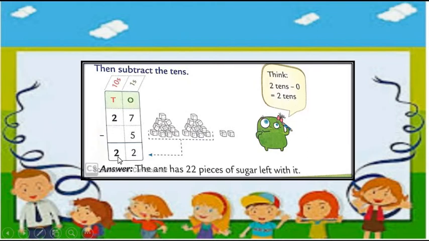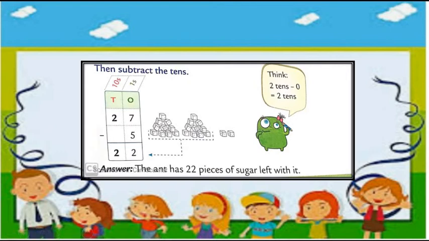So we get number 2 as an answer. So we can say that 27 minus 5 is equal to 22. So this was the understanding of subtracting a one digit number from a double digit number.